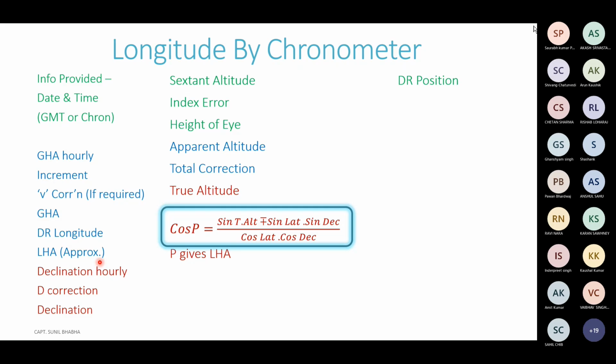And if both of them are not matching, you subtract P from 360, get 360 minus P, and you will see that value is going to match up with the approx LHA. So in this case, LHA will be equal to 360 minus P. This is how we obtain the value of LHA from the value of P.